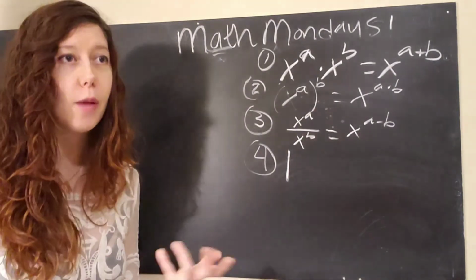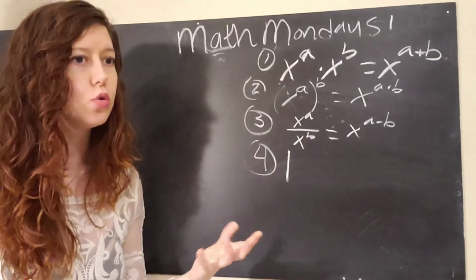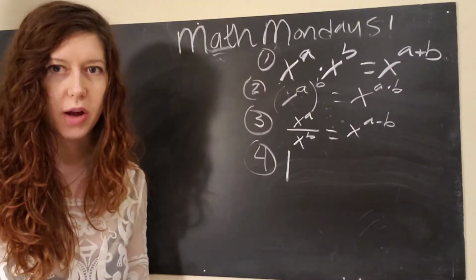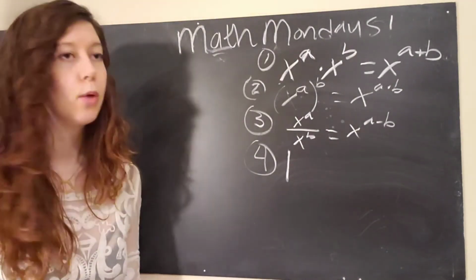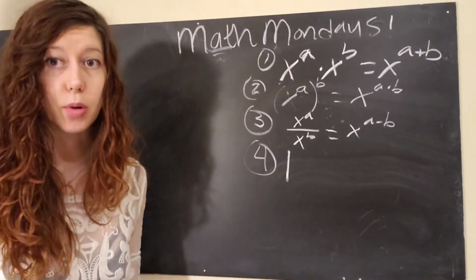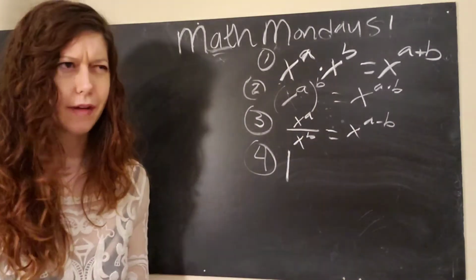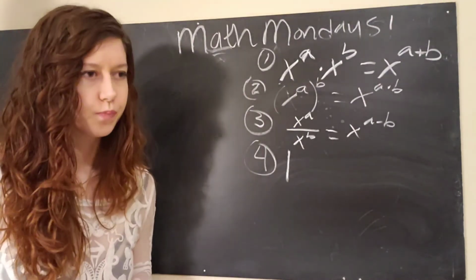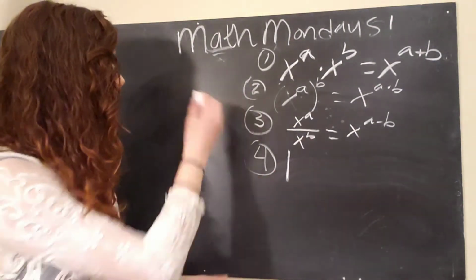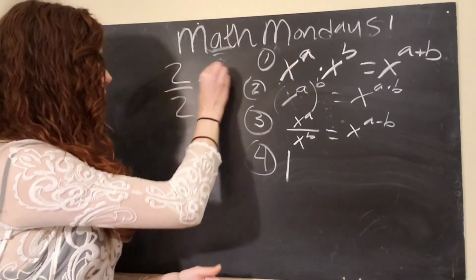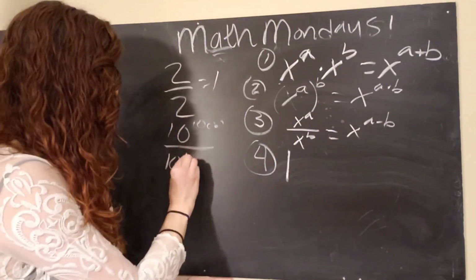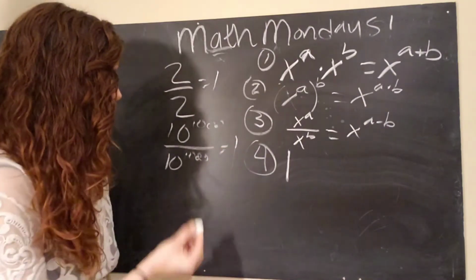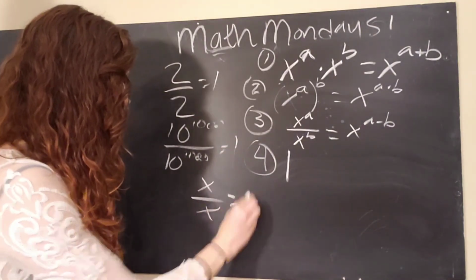And one of the most common things is to use the properties of the number 1, because there's a lot of really cool things about number 1. For example, when we divide a number by itself, we get 1. So for example, 2 divided by 2 is 1, 10 to the 1,000 divided by 10 to the 1,000 is 1, x divided by x is 1.